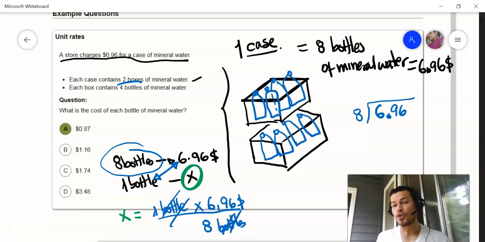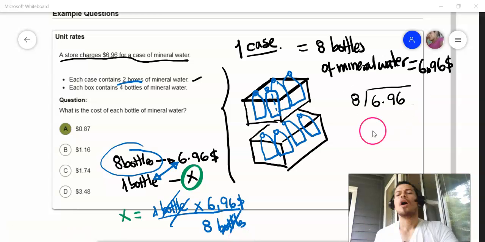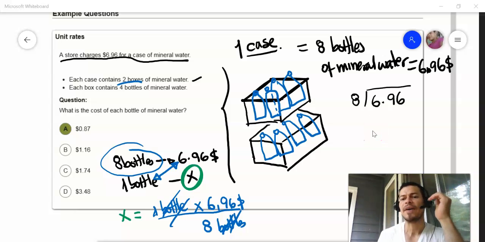So now you know you cannot divide 6 by 8 because 6 is less than 8. So you need to put a 0 point here at the top. Now, you will try to divide 69 by 8.